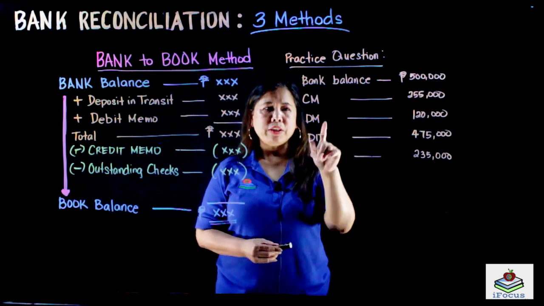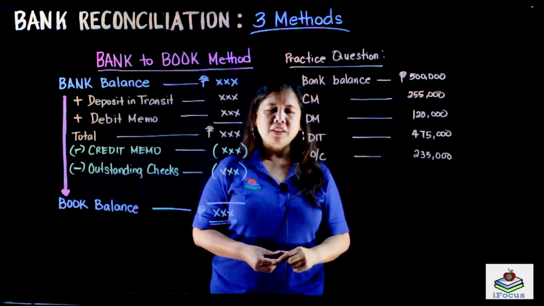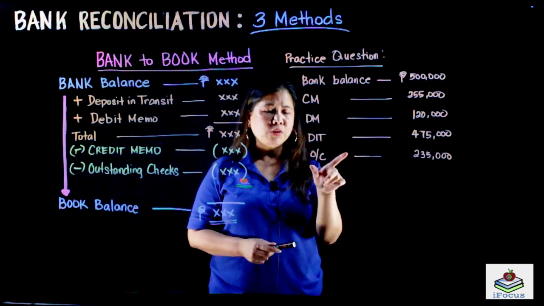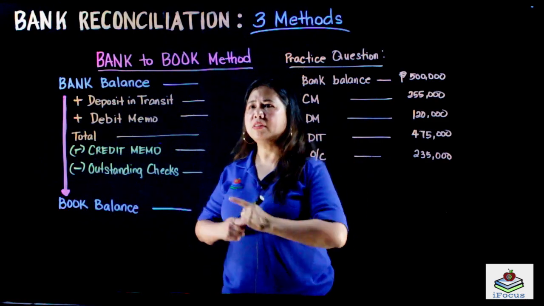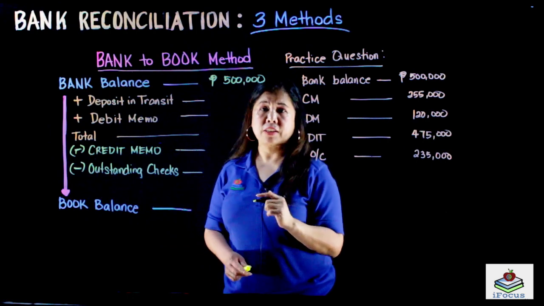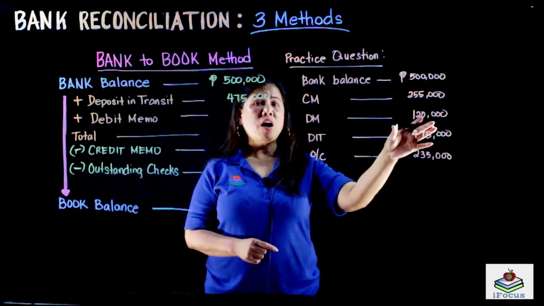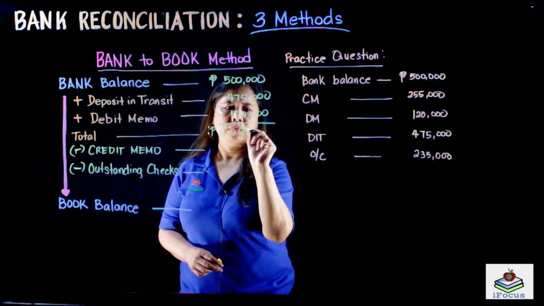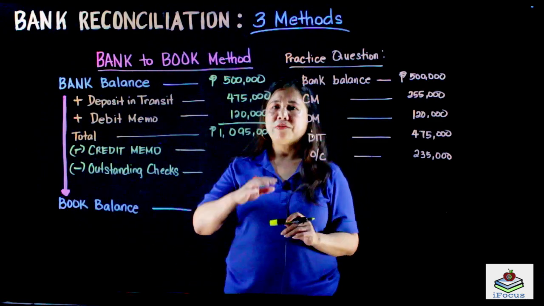We have our credit memo of 255,000, a debit memo of 120,000, deposit in transit of 475,000, at outstanding check of 235,000. Bank balance of 500,000. We add our deposit in transit of 475,000. We add our debit memo of 120,000. So we come up with a total of 1,095,000.